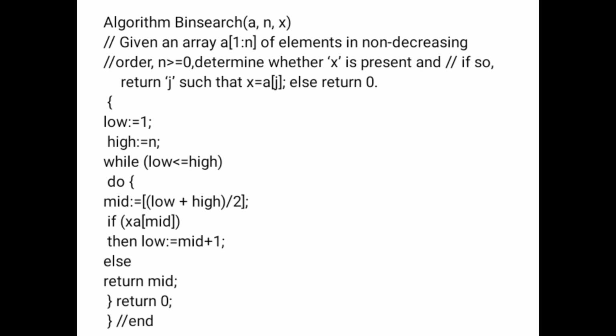If the key element x is equal to A of mid, you have to return the middle element. Else if the key element is greater than the middle element, you have to check the right part of the array. Else you have to check the left part of the array.